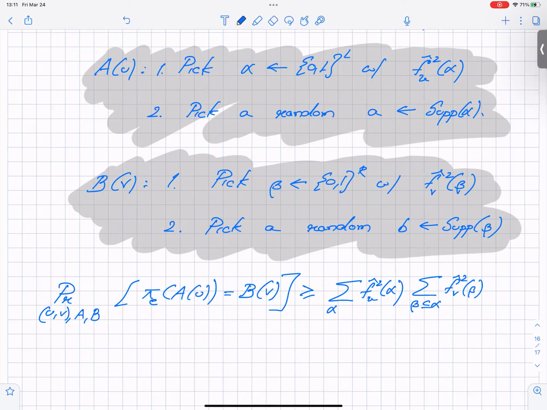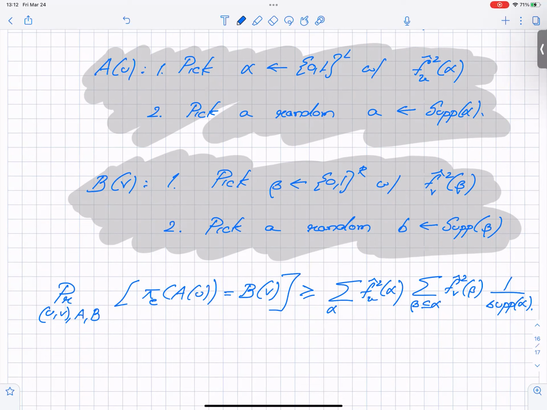Why is beta contained? I'm just putting a lower bound on this object. So I want to claim one over the support of alpha. This is a lower bound is what I want to claim. Let's focus on a particular edge.